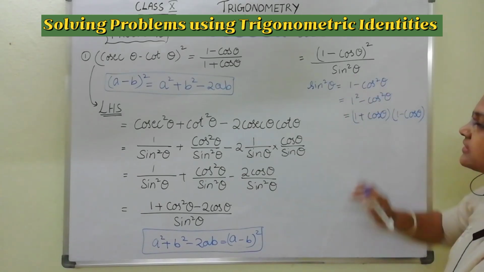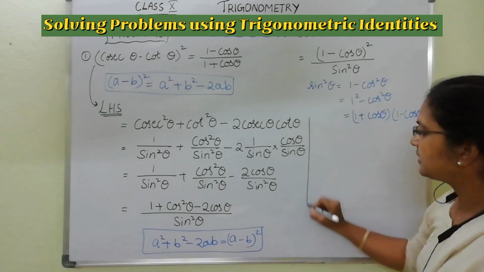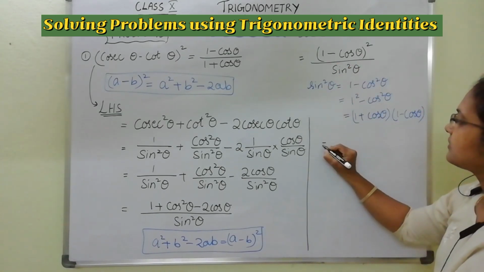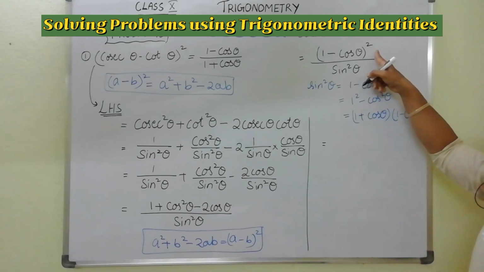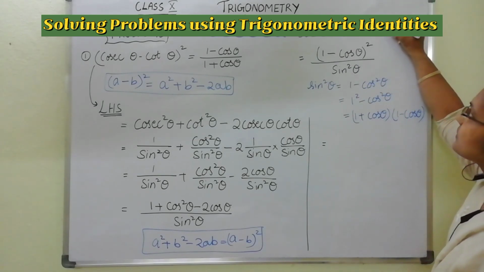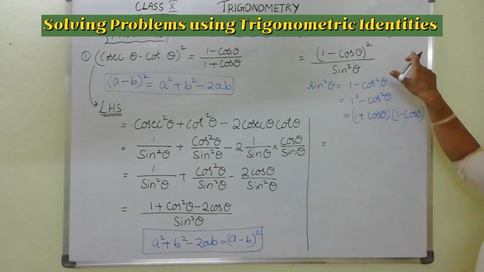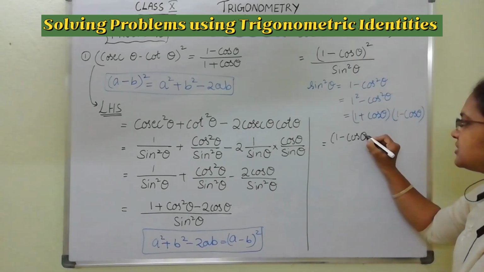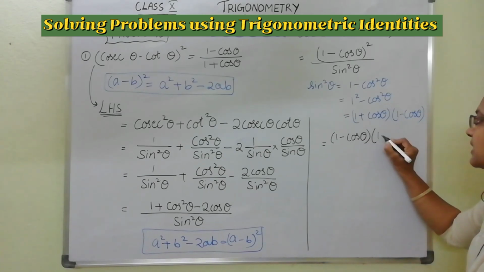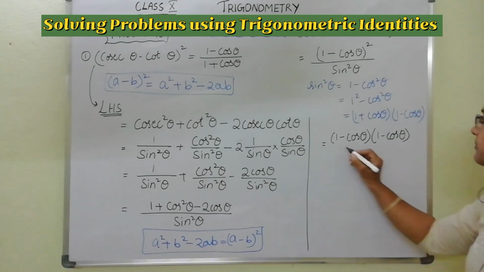Let us apply this in the denominator, and the numerator will be the same. The numerator is whole square, and whole square means a square is a into a, so we write it two times: 1 minus cos theta, again 1 minus cos theta.